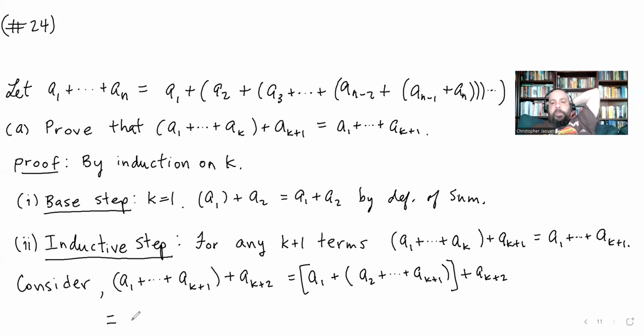And then using the associative law, if you remember back to the field axioms, I think it was P1, property one, we can reassociate.